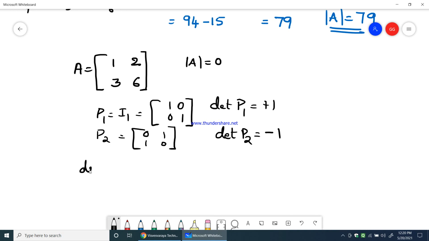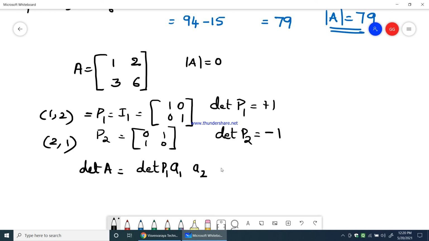Therefore determinant of A would be equal to determinant of P1 into A1 A2. We get only this one, so A1 A2. So here the column order for P1 would be equal to 1 comma 2, for P2 would be equal to 2 comma 1.